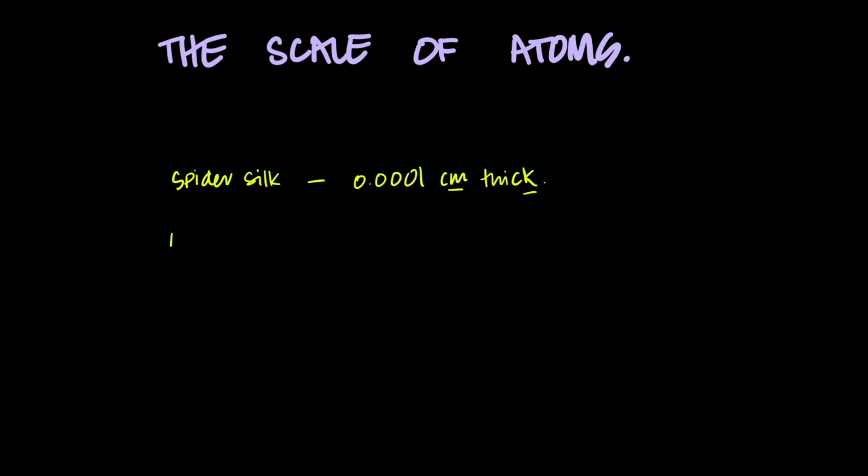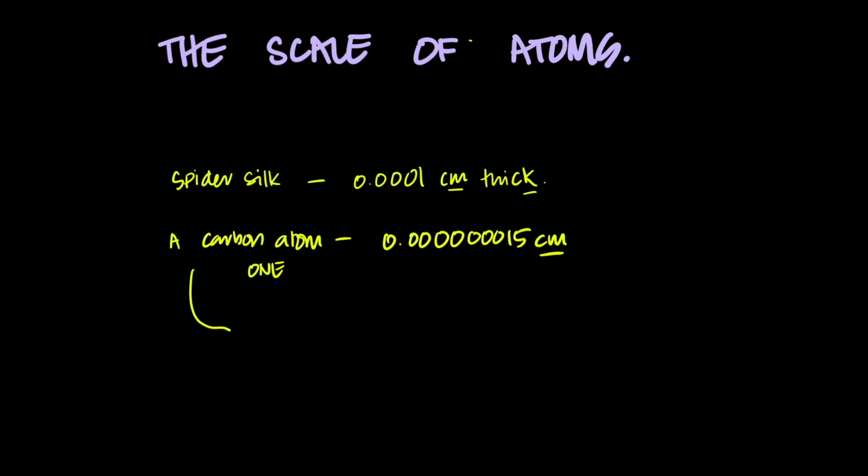Now let's talk about an atom. A carbon atom, a very popular one, just one carbon atom is about 0.00000015 centimeters in diameter. You know how many carbon atoms you need to span the width across one thread of the spider silk?